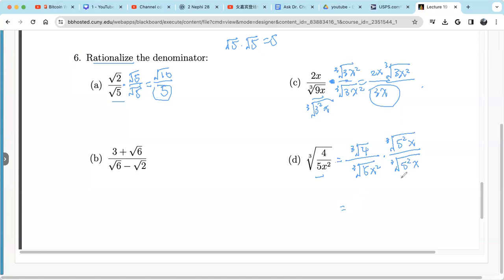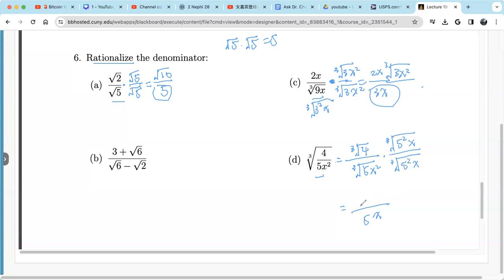Now, cubic root. So let's look at the denominator first. So I have 5 raised by 3, then cubic root. That becomes 5. I have x squared. Now multiply by x. It becomes x, because x cubed and cubic root cancel each other. So 5x in the denominator.